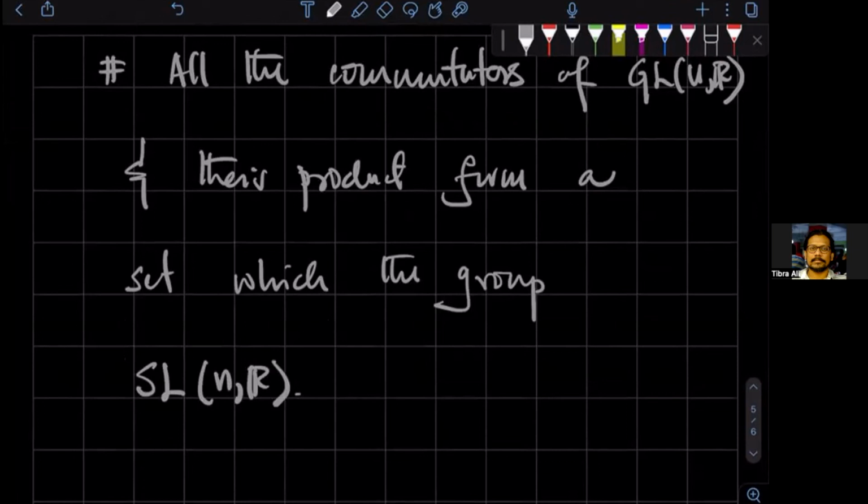Okay, is it clear what we're trying to do? I've not proved that this is actually a group, and I leave that as an exercise for you to do. Okay, but is it clear that the commutators of GLNR form elements of SLNR?